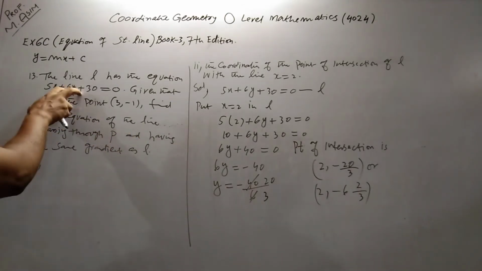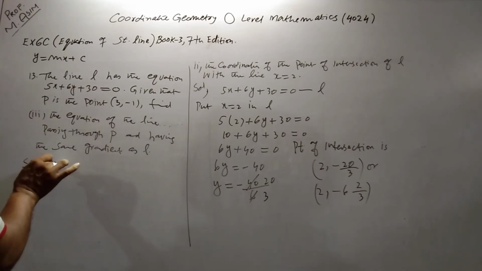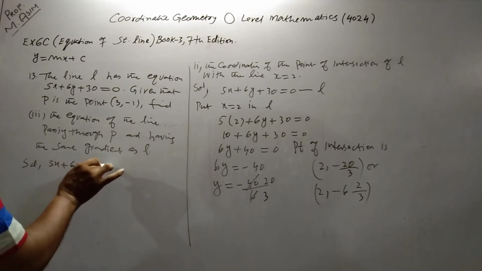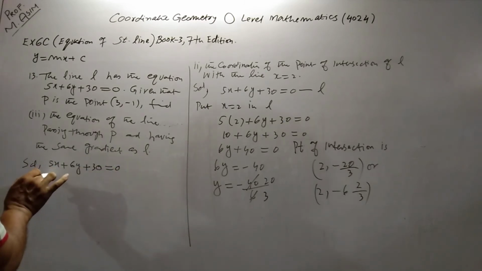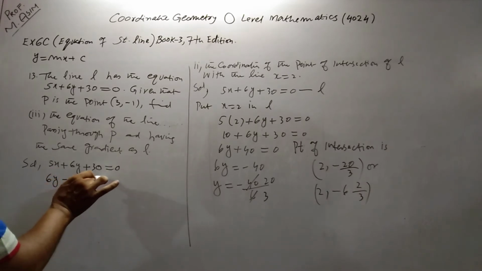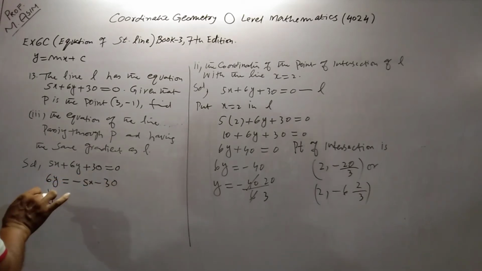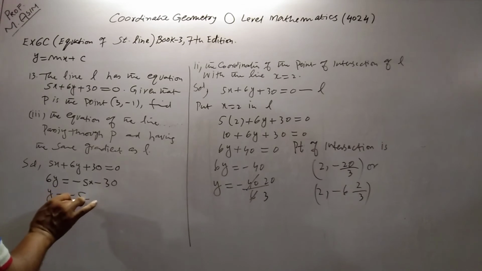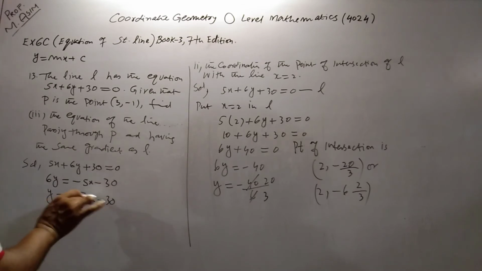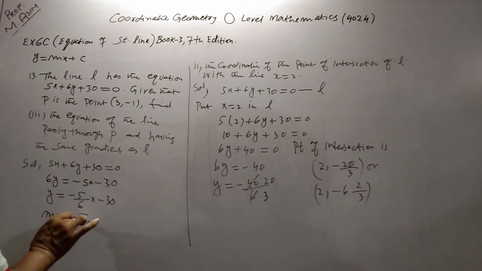What is L? This is L: 5x plus 6y plus 30 is equal to 0. So 6y is equal to minus 5x minus 30, and y is equal to minus 5 over 6 x minus 30 over 6. The gradient is the coefficient of x, which is minus 5 upon 6.